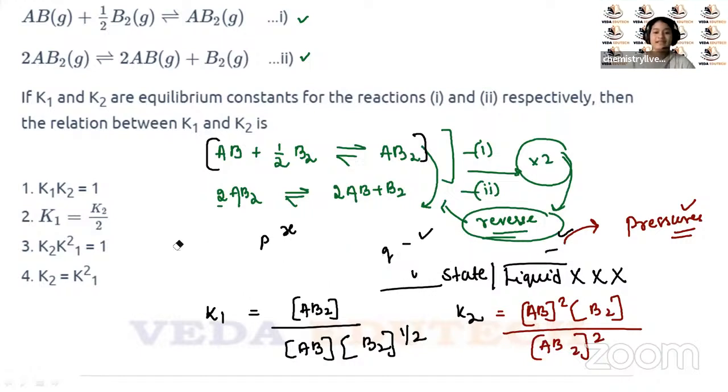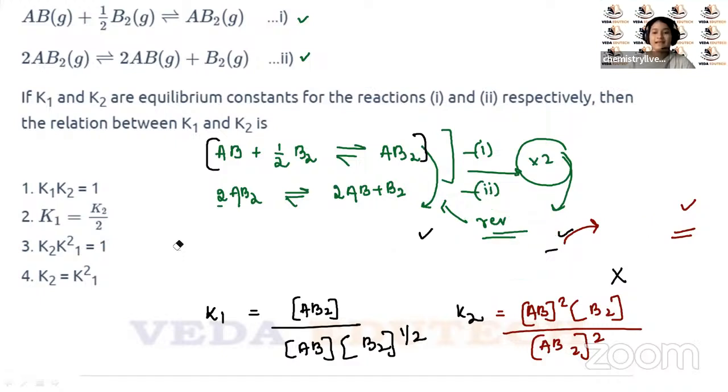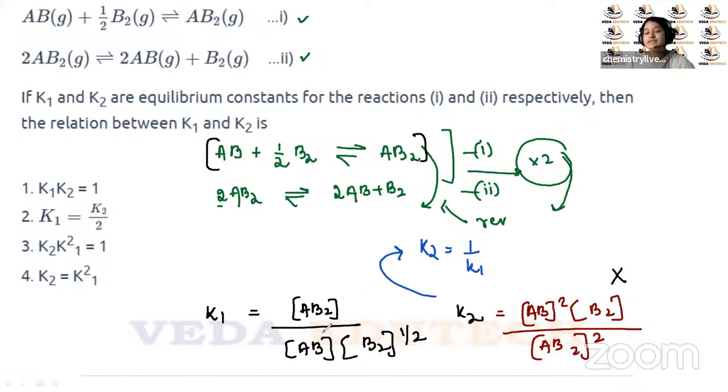So if I see in both the equations, I can say that this K2 is the reverse of K1. That is the first thing we get from here. Second, we have multiplied 2 with this K1.